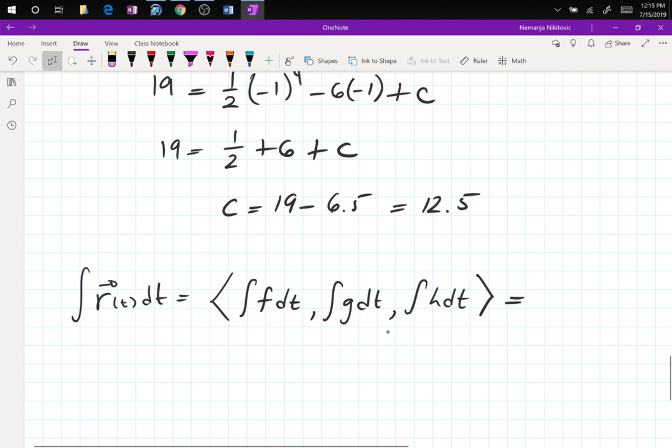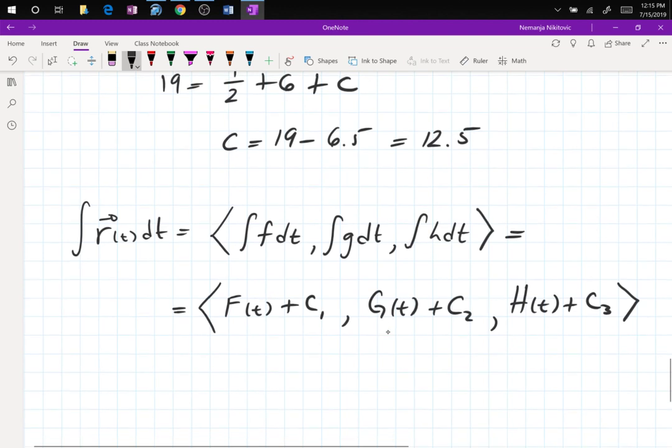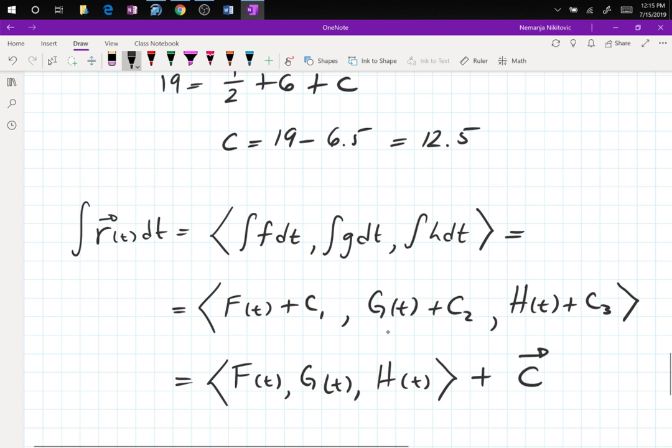So plus c1, plus c2, plus c3. So we have capital F of t plus c1, then capital G of t plus c2, these are all antiderivatives, and then capital H of t plus c3. Technically, you can just put this as F of t, G of t, H of t plus a big fat vector c, which is c1, c2, c3.